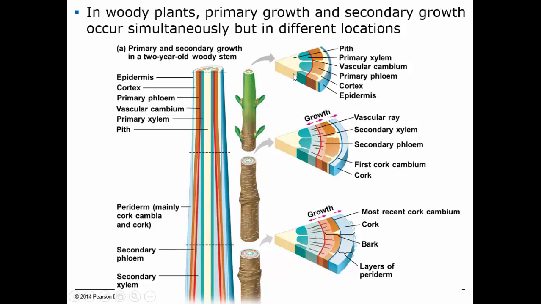Okay, we have the pith, and the first vascular layers that are put down are the primary xylem and the primary phloem. These are the tissues that form during the first year that this stem is present. And they originate from this region, the vascular cambium, denoted here in red.